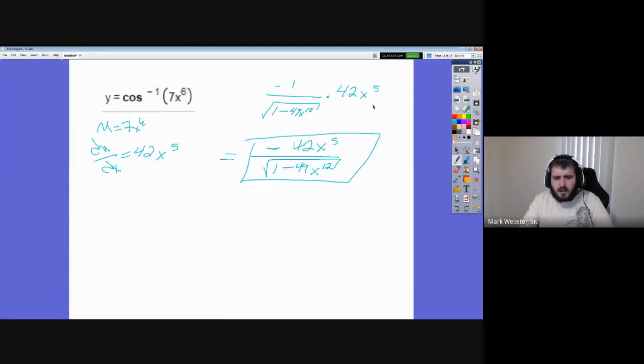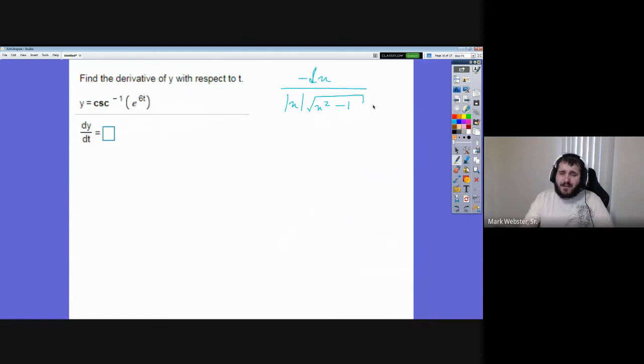Yeah. Hey, I'm remembering things. Hooray. Okay. So now I want to find the derivative of y with respect to t. That is to say, I just want to take the derivative and let t be my variable.